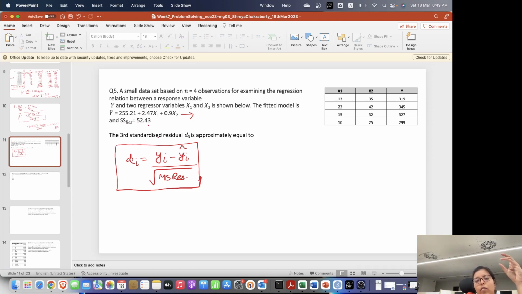So then we have to find out what is the third standardized residual, D3, which means if I have 1, 2, 3, 4, D3 corresponds to, this is just notation, the standardized residual for the third observation. So we will focus on this third row.